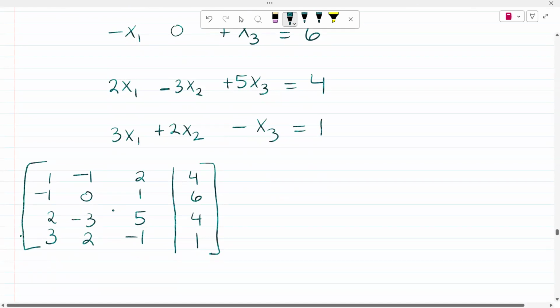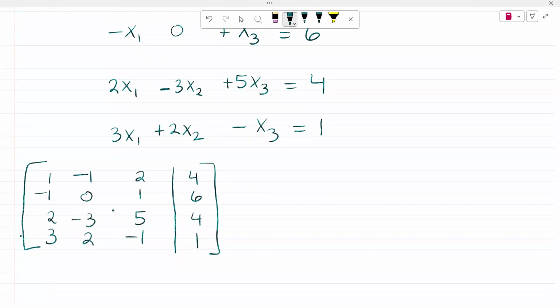Okay, so if we're going to do RREF, that means we have to make our pivots all ones and everything below and above the ones should all be 0.